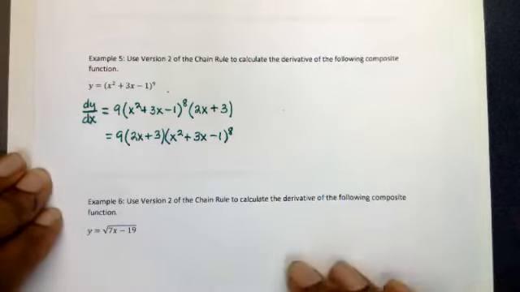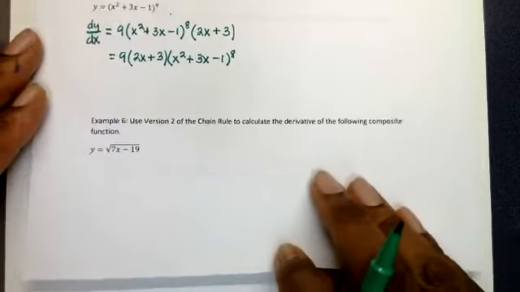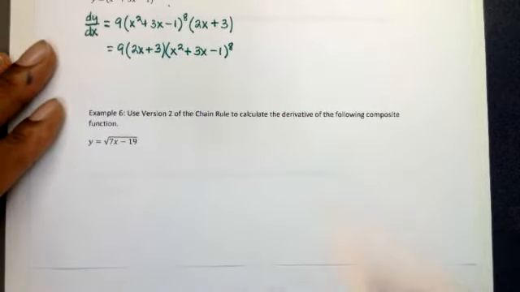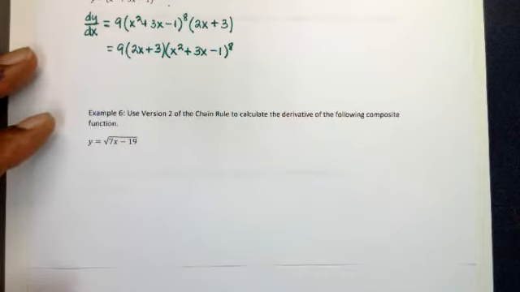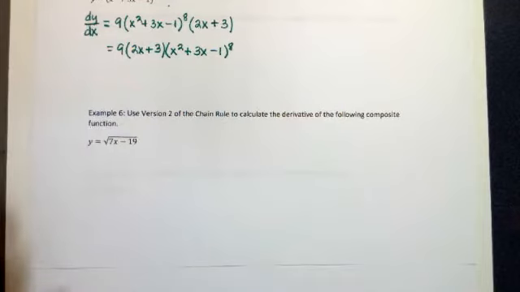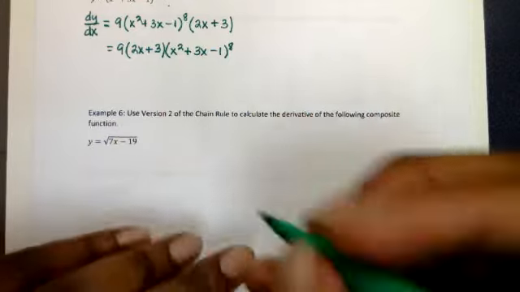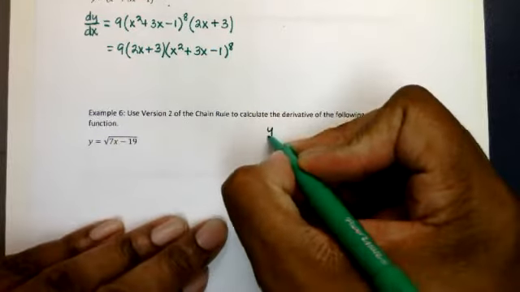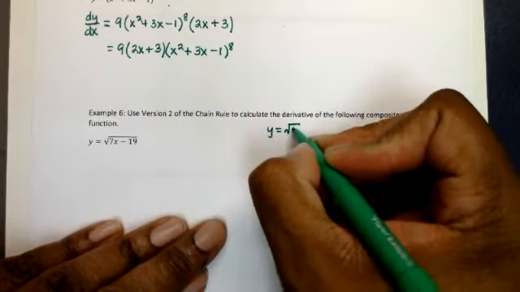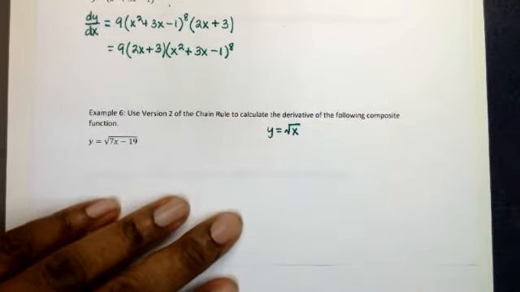Okay, example 6. Say I want to use version 2 of the chain rule to calculate the derivative of the following composite function. Here I've got y is equal to the square root of 7x minus 19. Now, this is somewhat similar to y equal to the square root of x.